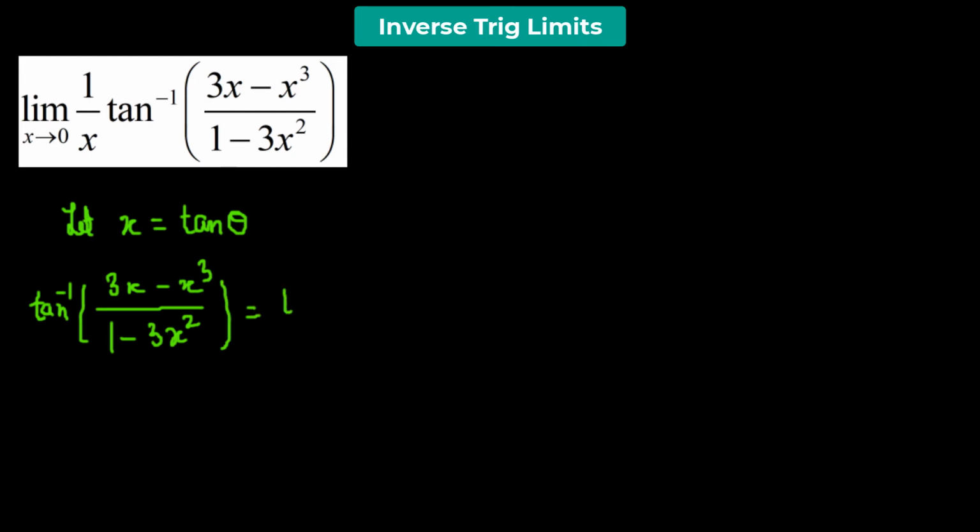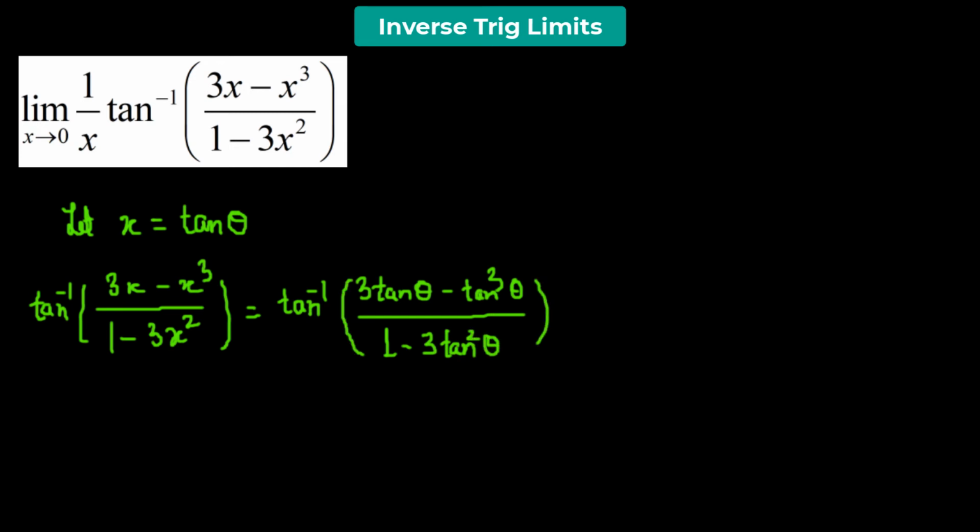This becomes equal to tangent inverse of 3 tangent of theta minus tangent cube theta over 1 minus 3 tangent squared theta. Now this is an identity. This identity is actually the expansion of tangent of 3 theta.